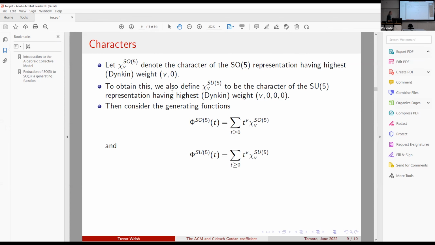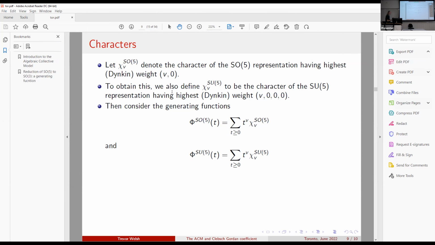To do that, and to find something relevant to the spherical harmonics, we're going to use generating functions. We're going to take these characters, multiply each one by t to the power of v, and add them up. This is a standard trick in maths, and I'm very fond of it. Almost everything I do, I try to convert to a generating function, and then you can do lots of calculations at once.